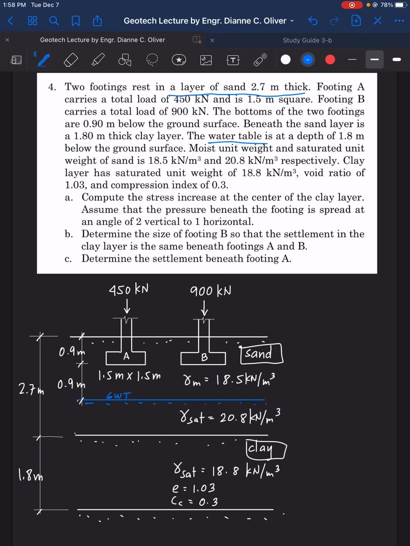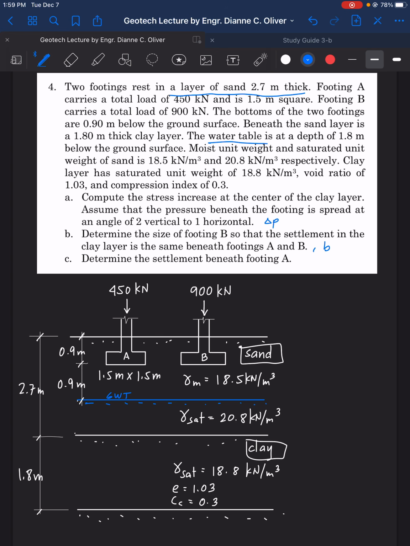Okay, so what we're looking for here is delta P. We're looking for delta P for letter A. Next, letter B, determine the size of footing B so that the settlement in the clay layer is the same beneath footings A and B. So let's look for small b, the size of the base.